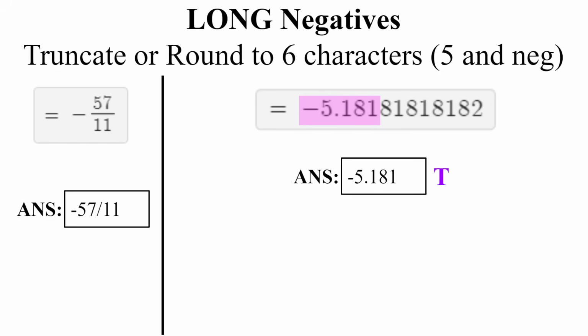And rounding, there's an 8 to the right, so we would round up because 8 is 5 or bigger. So it would round up to negative 5.182. So these would be the 3 main acceptable answers for this question. Always remember, guys, your answer has to be 5 characters or fewer, barring a potential hyphen for a negative sign.